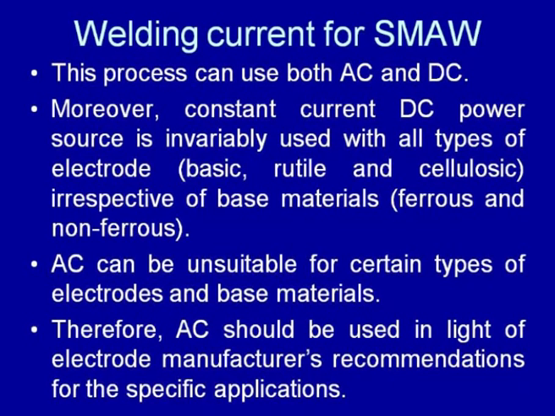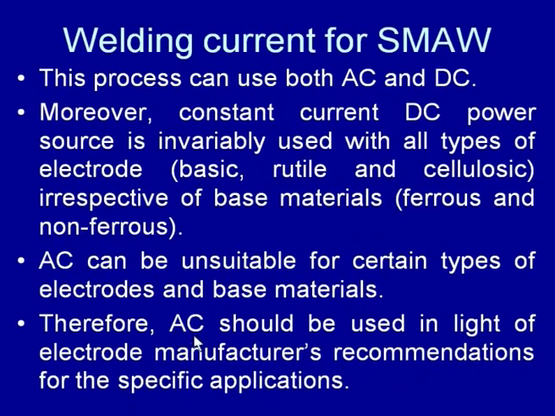generate the heat uniformly using the constant current despite changes in arc length, because the electrode is controlled manually. Similarly, AC is found unsuitable for certain types of electrodes and base materials, and that is why AC should be used only in light of the manufacturer's recommendation for specific applications of the electrode.